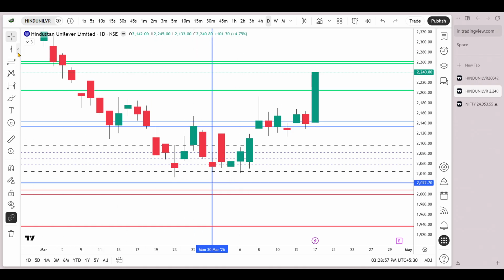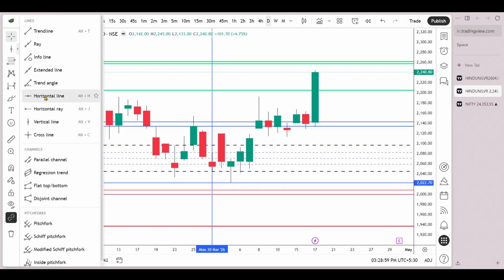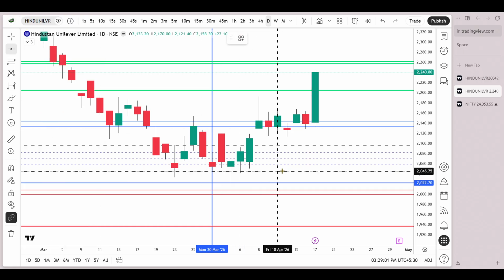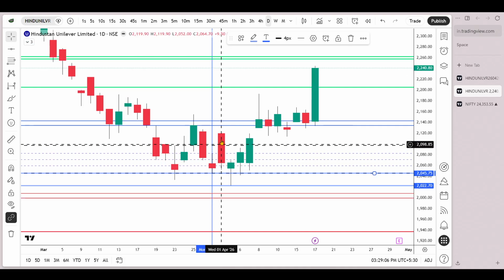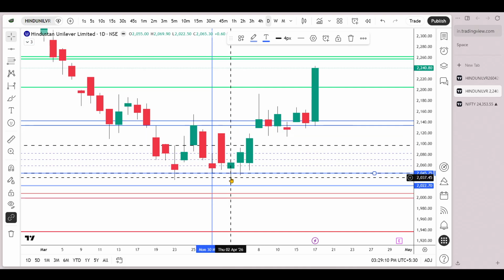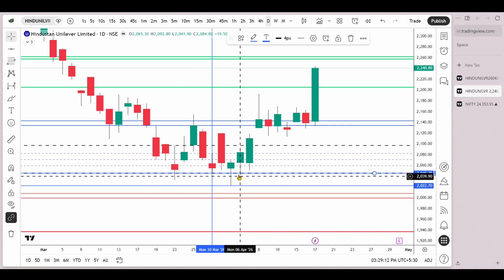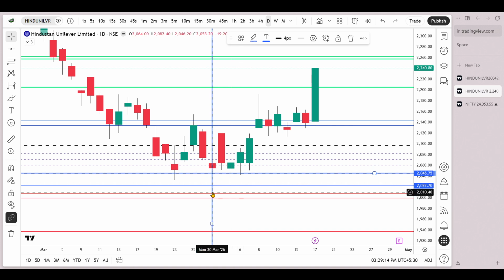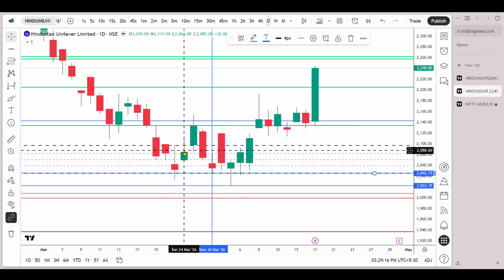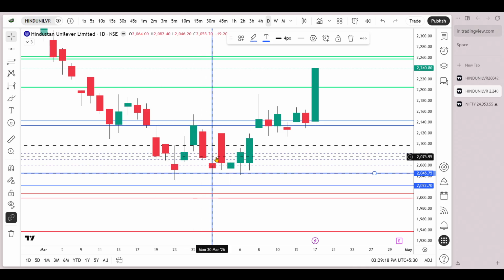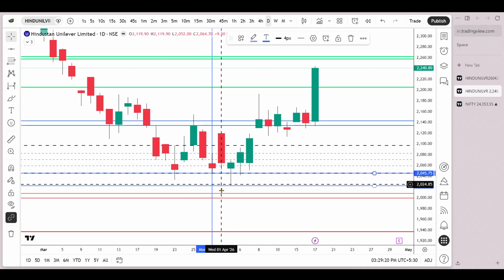If you see, retracement happened here. It went up, gapped up, again came down, and here it has taken support. This is the previous candle, this is the April candle.